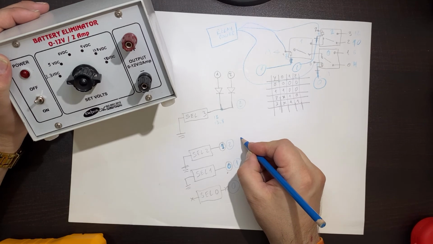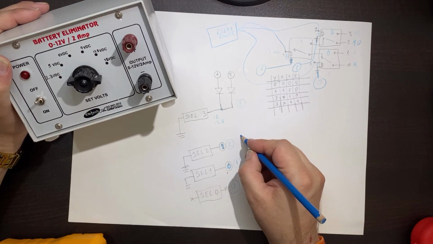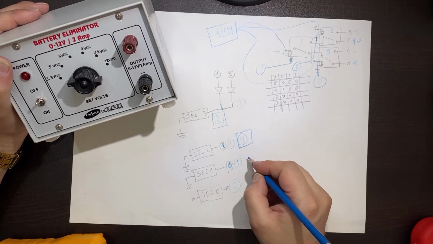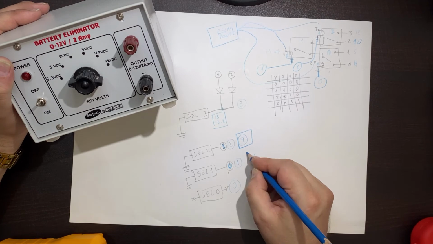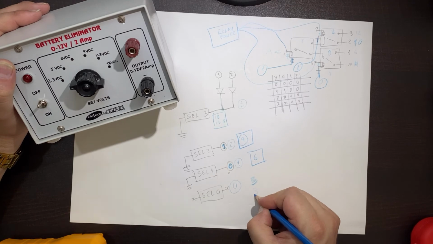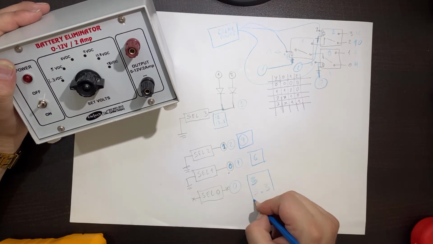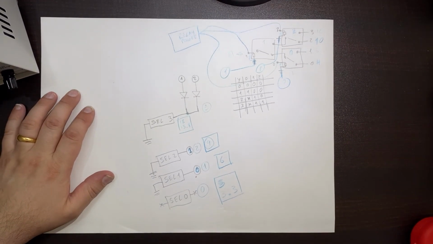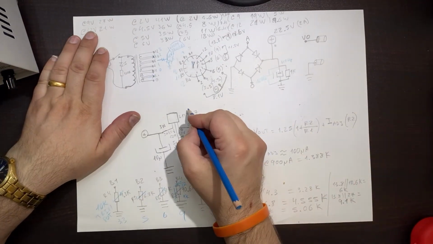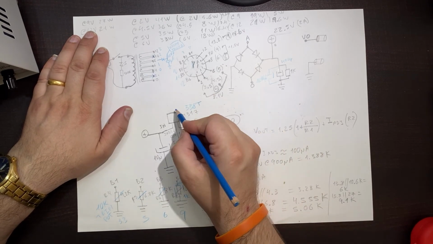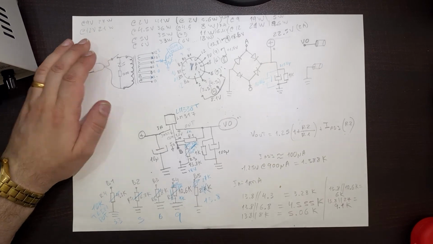This one is going to be for 9. This one is going to be for 6. And this one is going to be for 5 and 3.3. Okay, so this is what we have, and that's it for the power supply. This is the LM338T.